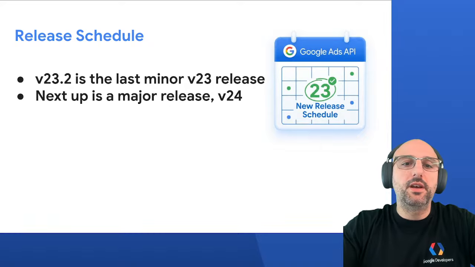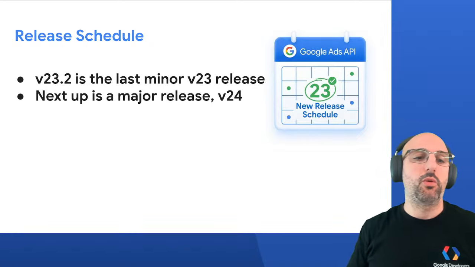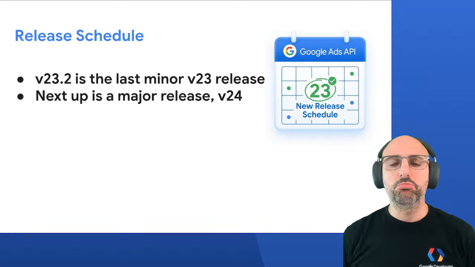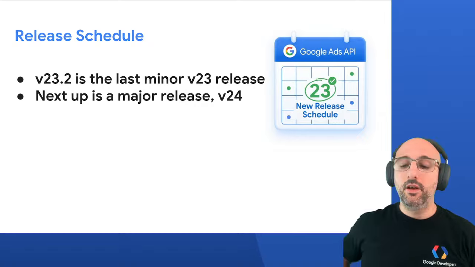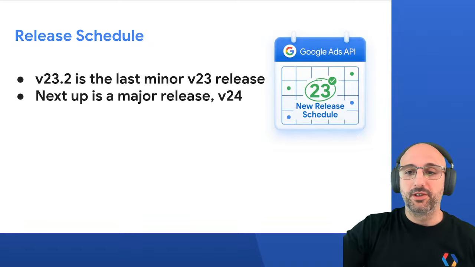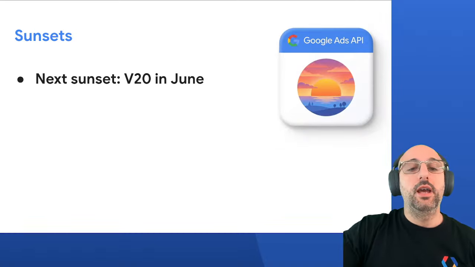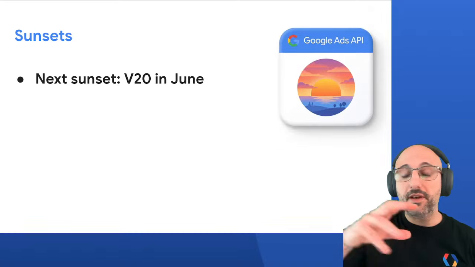If you're fine staying on V23, or with a client library that uses V23, or on V22, it's also perfectly fine. However, as I'm sure you know if you have been using the Google Ads API for some time now, we also sunset API versions on a regular basis, but this hasn't changed.